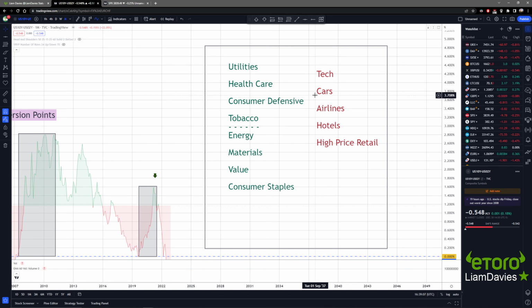I wrote a post about this a couple of months ago about BMW, a trade in that particular market. So cars, airlines, hotels, and high price retail, all luxury items. People are going to be spending less money in these places. You'd expect these kinds of companies to be doing less well during a recession.